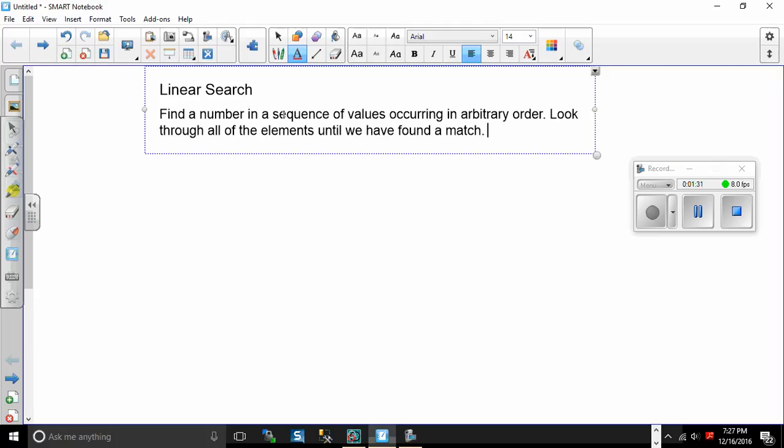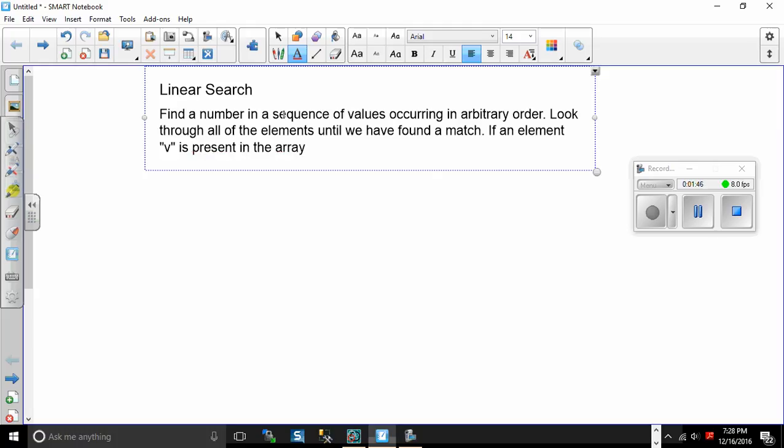If an element B, say, is present in the array of size n, then the average search visited n over 2 elements.